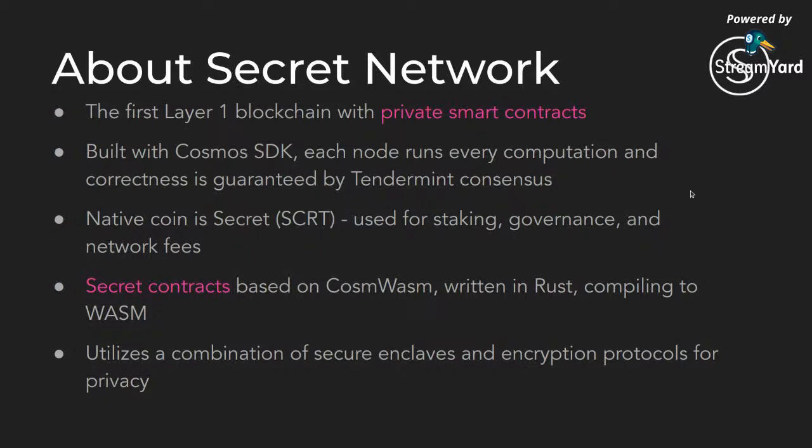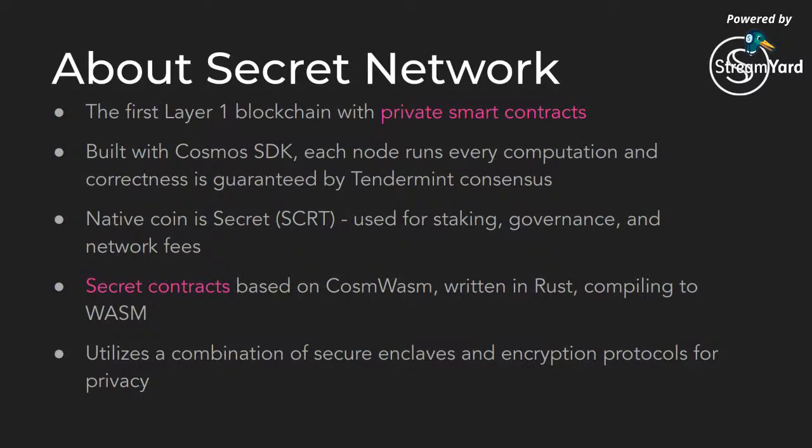The native coin of the Secret Network is Secret, SCRT. It's used for staking, governance, and all the usual stuff. The secret contracts are based on CosmWasm. We collaborated for a while, and we created our own version of CosmWasm, which allows us to perform the private computations.